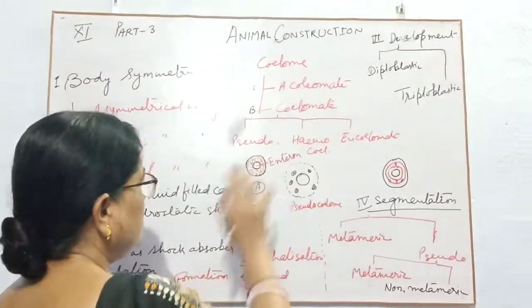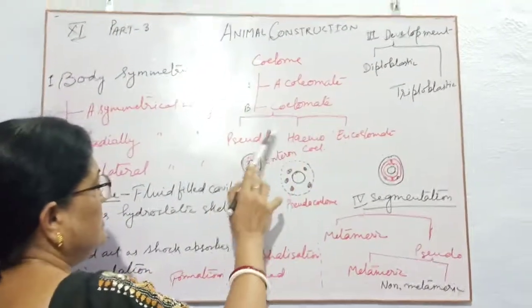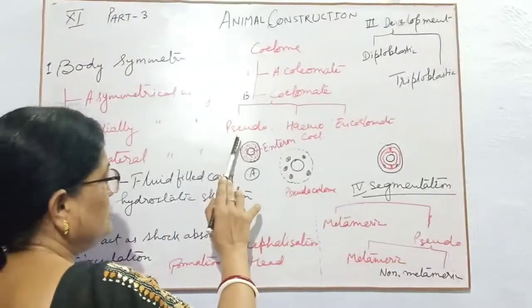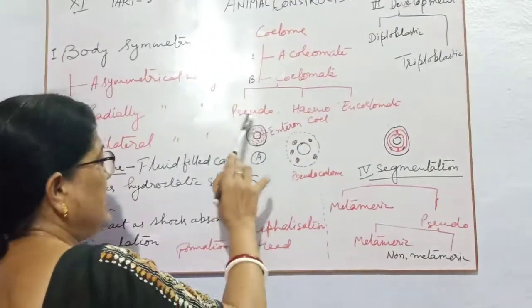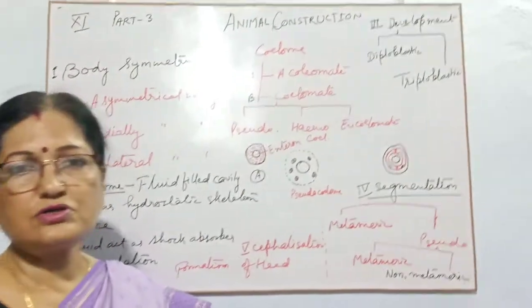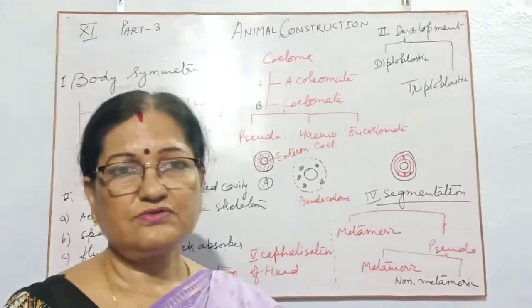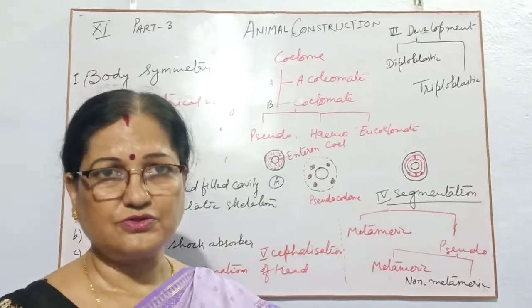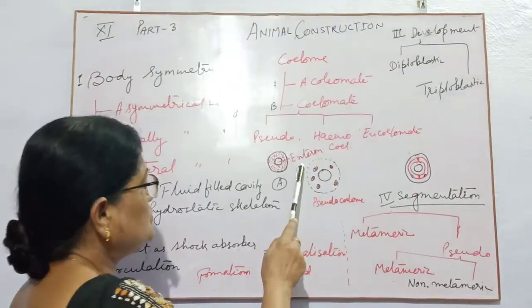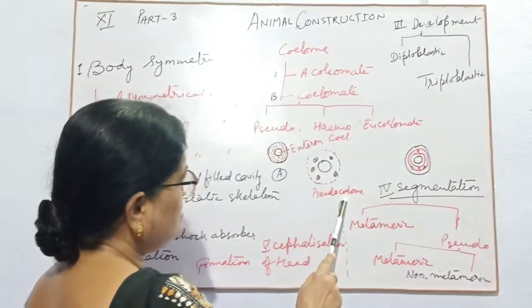Then next is coelomate. Coelomate animals are of 3 types: pseudocoelomate, hemocoelomate, eucoelomate. As the name indicates, pseudocoelomate. Do you know, children, what is the meaning of pseudo? Pseudo means false, as you have seen in amoeba, pseudopodia. So, pseudocoelom is like that.